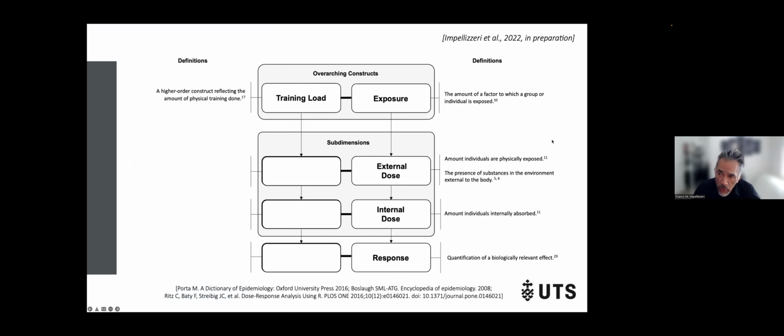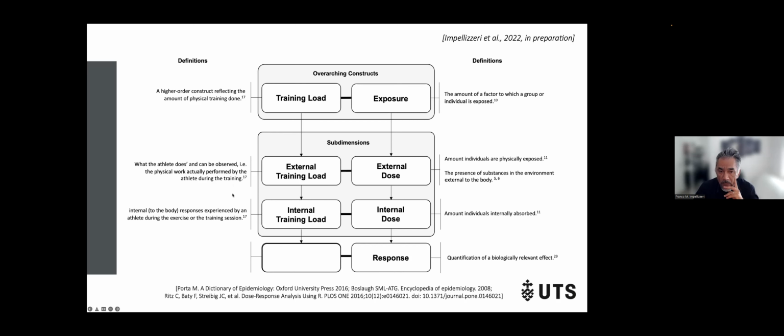This finds a good correspondence with the classification of training load, where training load is the overarching construct, in our case defining the amount of physical training done. The external load is something we can observe as a behavior and quantify. And the internal load is the internal response experienced by an athlete, something happening internally.